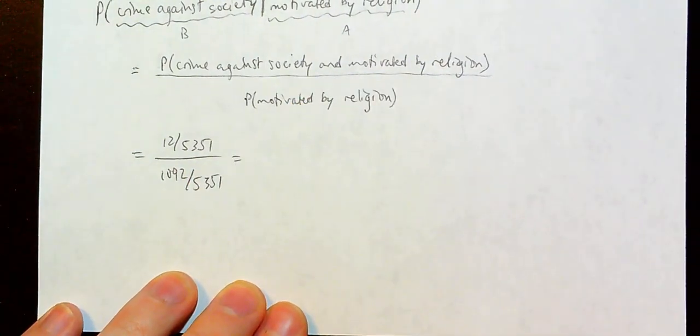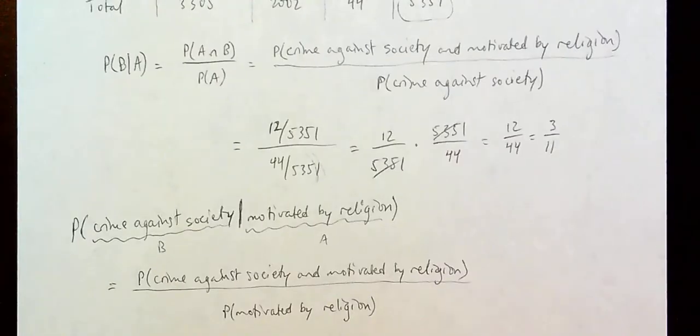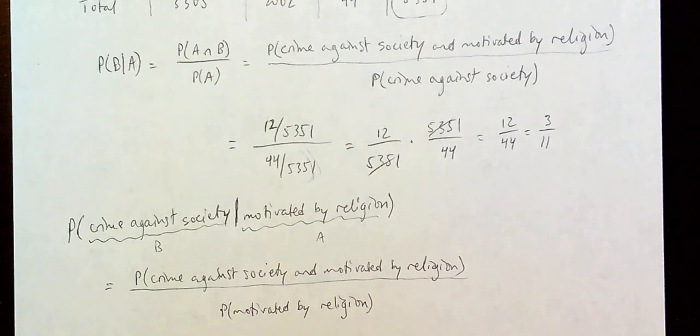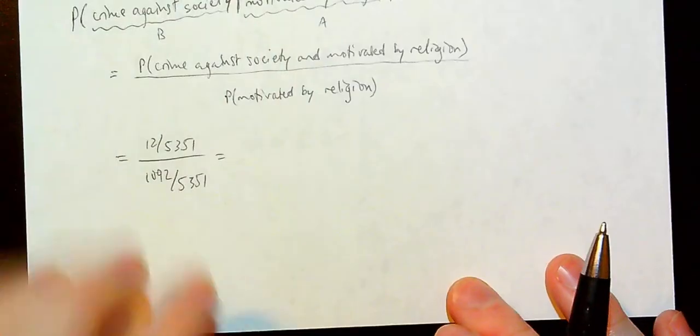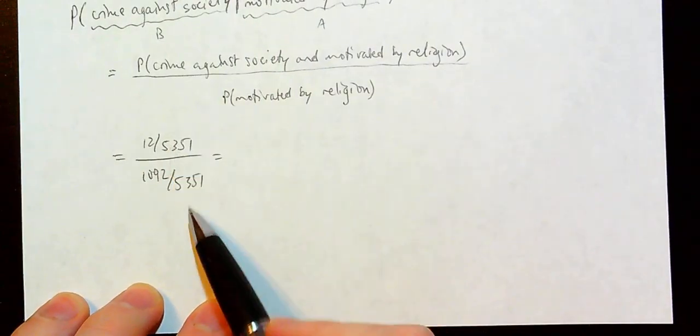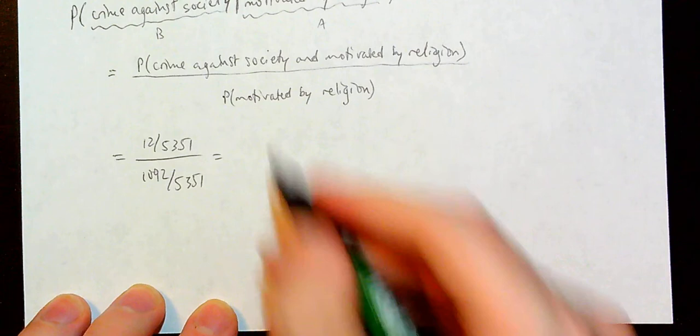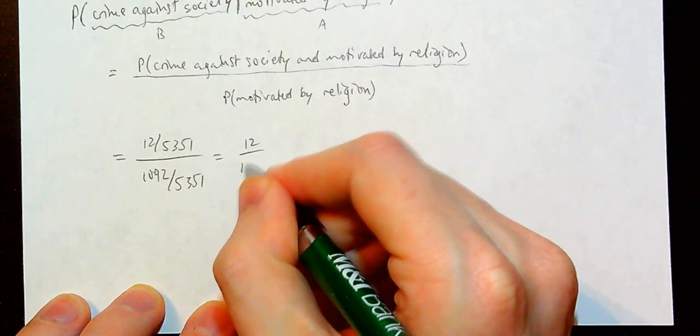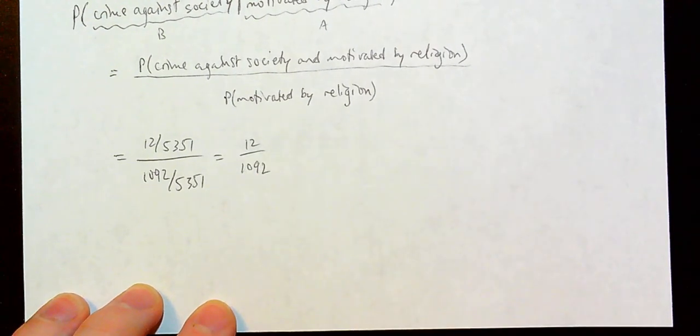And when you pull the same trick that we did in the previous problem, we multiply this fraction by the reciprocal of this one here, we're going to get 12 over 1,092.